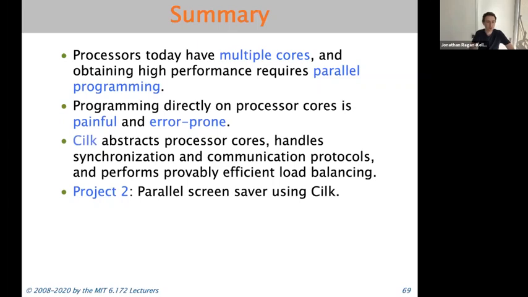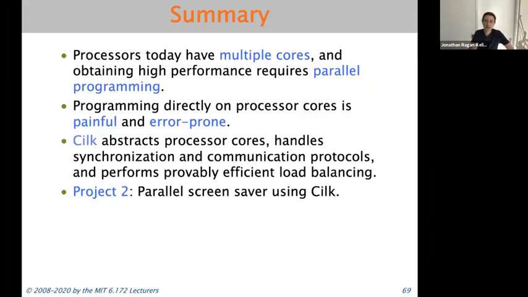Programming directly on processor cores, or even on relatively lower level concurrency abstractions, can be really painful and error prone. But fortunately, people have developed better higher level abstractions, and the one that we're going to focus on, Silk, abstracts multiple processor cores, how synchronization and communication are handled, and performs provably efficient load balancing of our tasks on the underlying hardware.